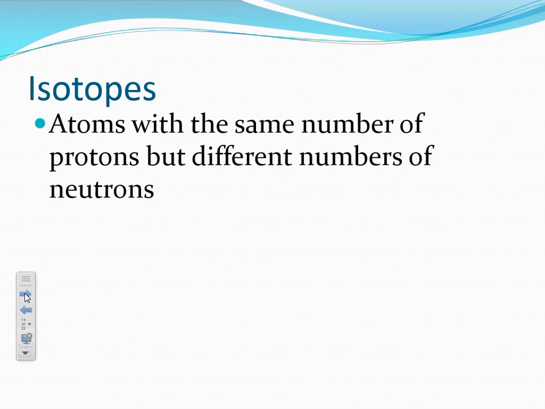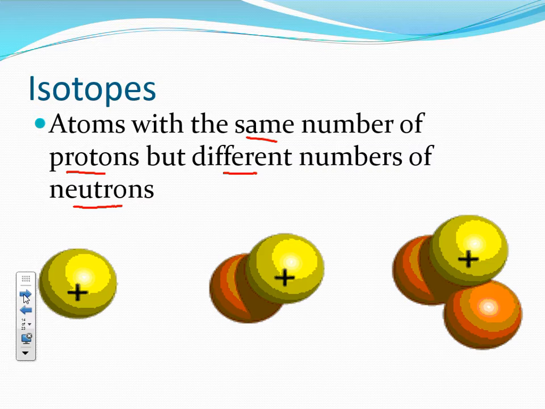Isotopes. You've been working with isotopes for the last few days. Isotopes are atoms with the same number of protons, but different numbers of neutrons. They have the same chemical properties, but they have different physical properties.